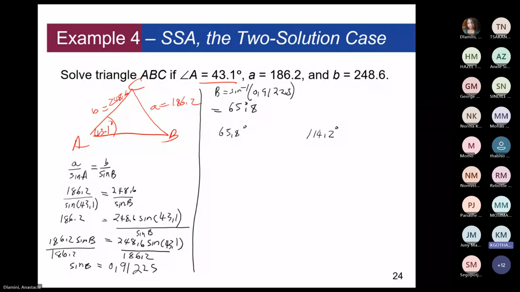You add them together to see if it's less than 180, since in a triangle the sum must be 180. Adding them together will definitely give us 180, but we want to check if B is this one or that one.